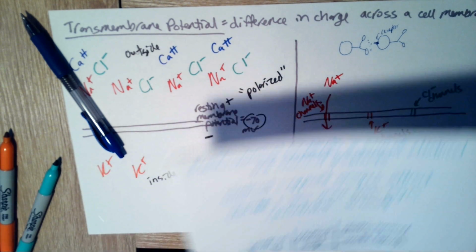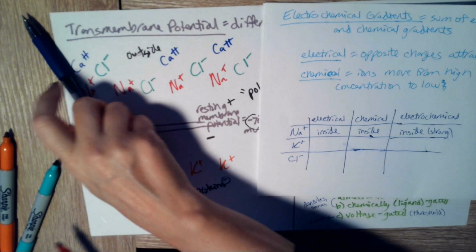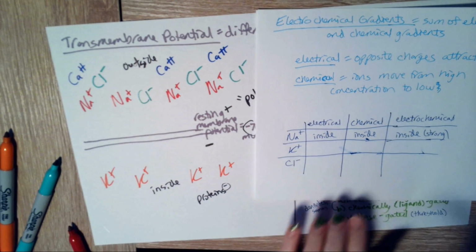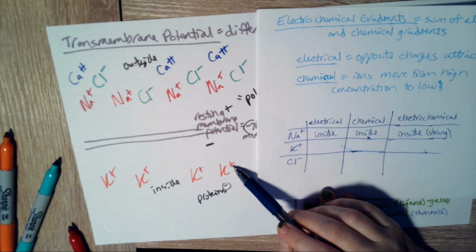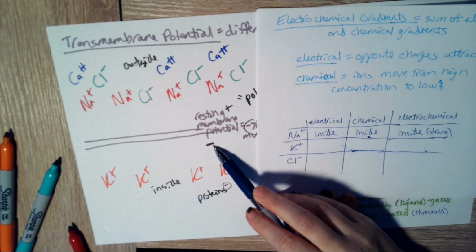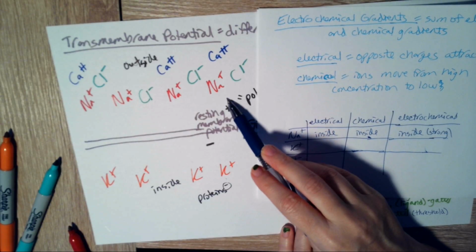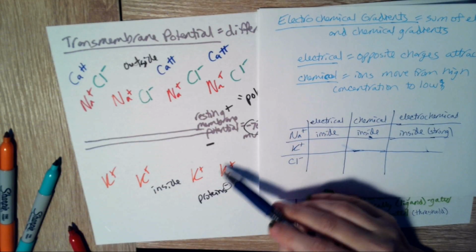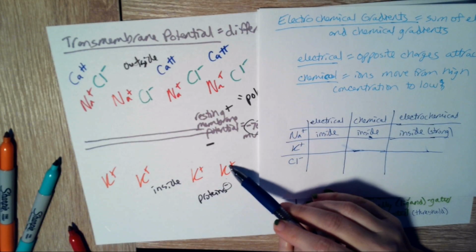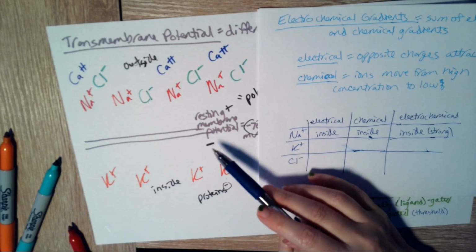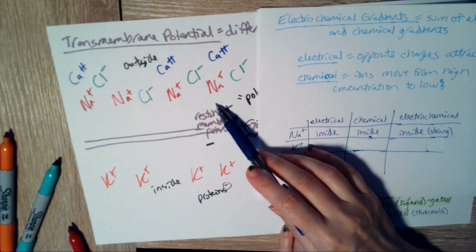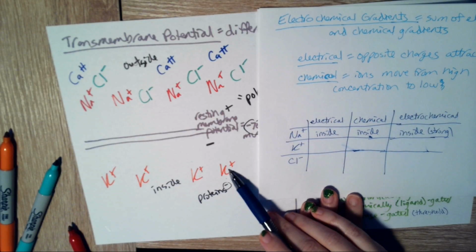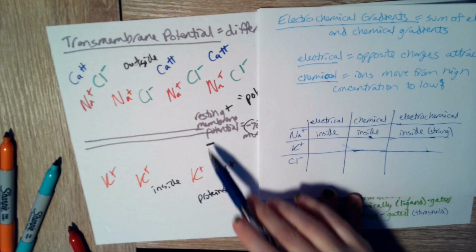Okay, so let's do potassium. Potassium, positive ion, negative inside, positive outside. So electrically speaking, where does potassium want to go? Does it want to stay inside the cell where it's negative, or does it want to go outside the cell where it's positive? Well, it's a positive ion, so electrically speaking, it's happy.